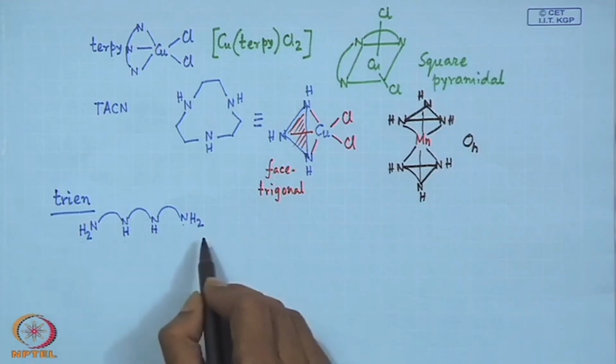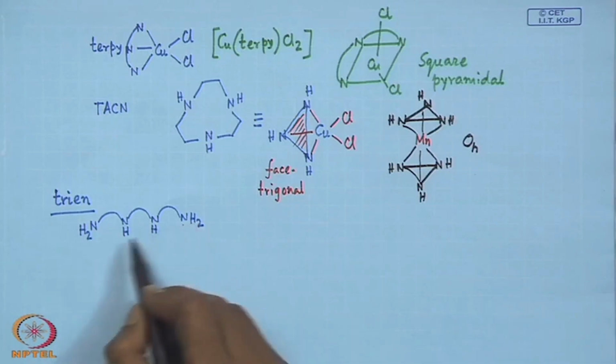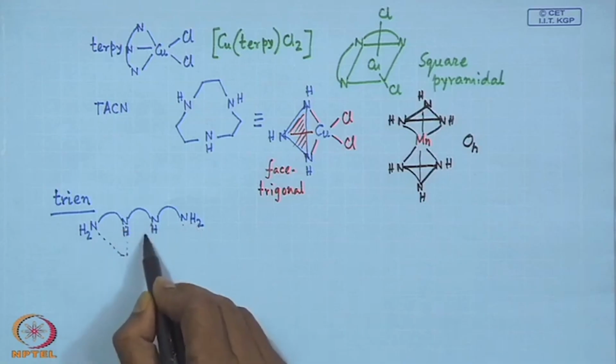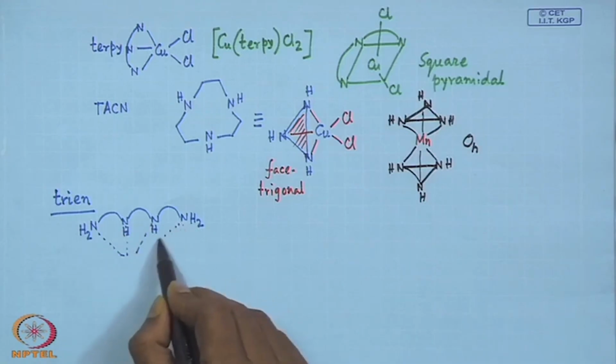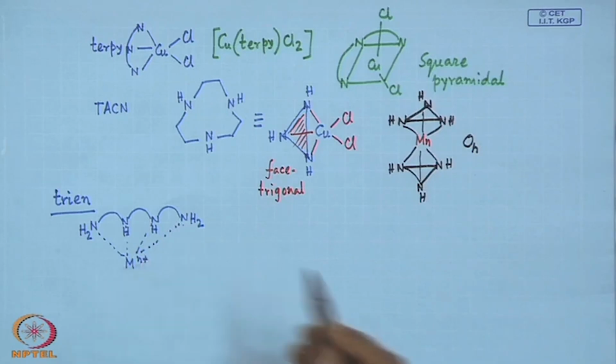So, straight away we can see now that since we have 4 nitrogen donor atoms, and all N4 if they are utilized to bind to the metal center, we get a tetradentate ligand.